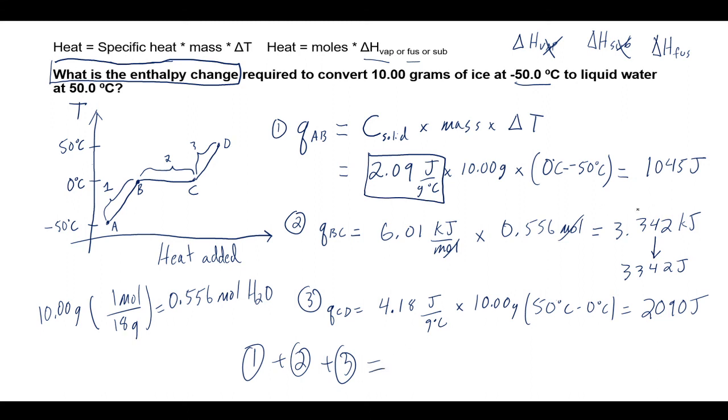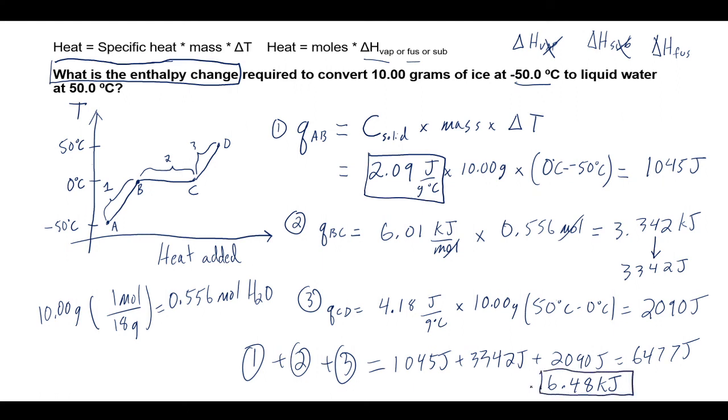That would be convenient. 1045 joules plus 3342 joules plus 2090 joules for a grand total of 6477 joules. If you worry about sig figs here, I think you have to round it to 3 actually, and we could put it at perhaps kilojoules, 6.48 kilojoules, right? Or 6,480 joules. That is my total enthalpy change for this process.